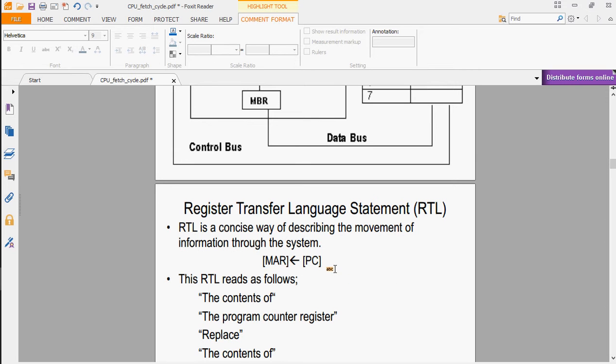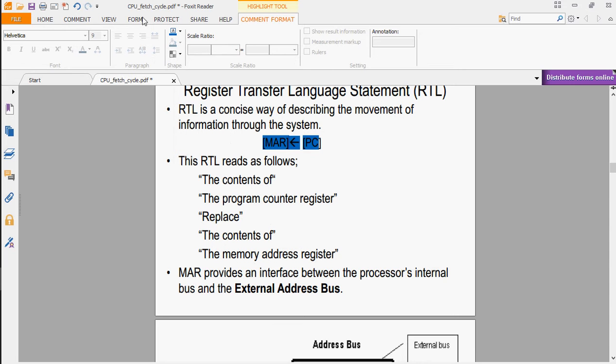The register transfer language statement reads as follows: the contents of the program counter register replace the contents of the memory address register.